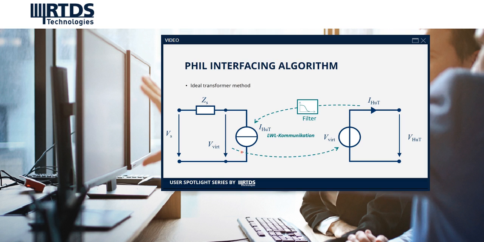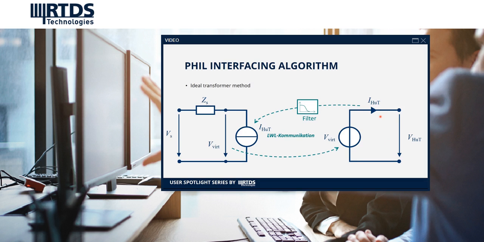This voltage is sent to the 4-quadrant amplifier, which is used as a set point for the voltage which the 4-quadrant amplifier applies to the real hardware.